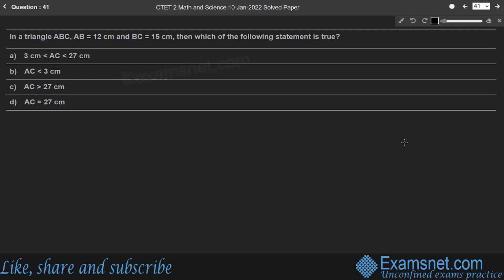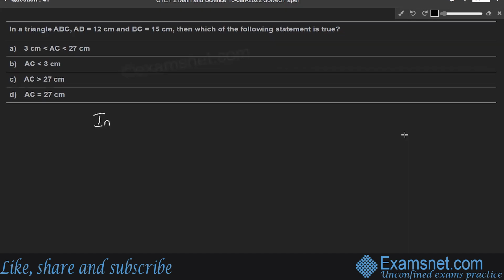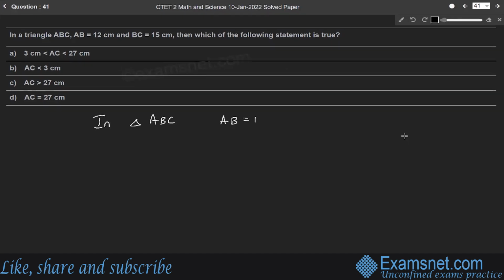So in triangle ABC, AB is 12 centimeter, BC is 15 centimeter. When two sides are given, the third side lies between them. So AC is the third side.